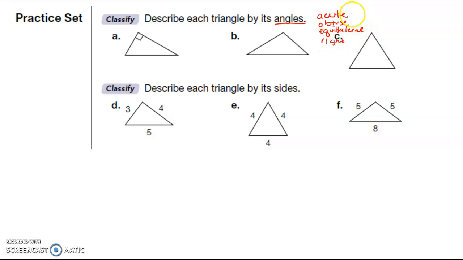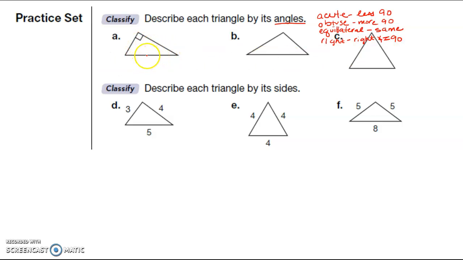Acute means that you have acute angles, or less than 90 degrees. Obtuse is more than 90 degrees. A right triangle only needs one right angle, or 90 degrees.